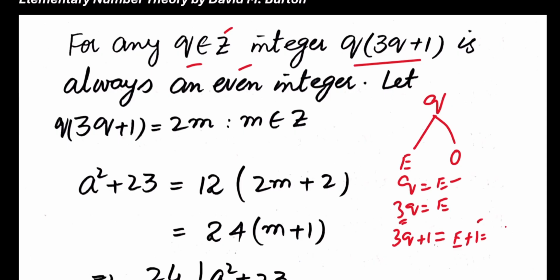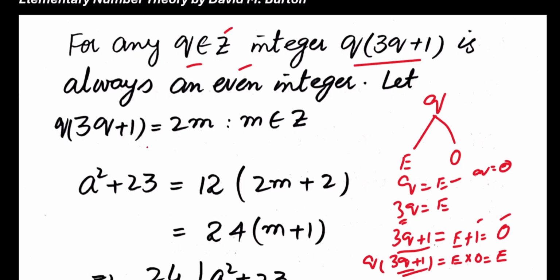So this becomes odd. Finally, when you multiply this complete number 3q plus 1 with q, where q is an even integer, even into odd is again an even integer. Similarly, you can verify that if q is odd, then again q into 3q plus 1 is an even integer.